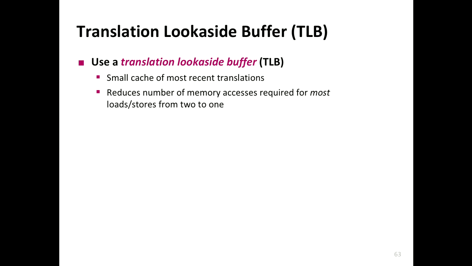This translation look-aside buffer is a small memory, typically an SRAM. Also, fully associative, so any page table entry can go into any of the available ways. And it's extremely fast. So you save that 1 extra memory access that you have to do if you don't have such a TLB.